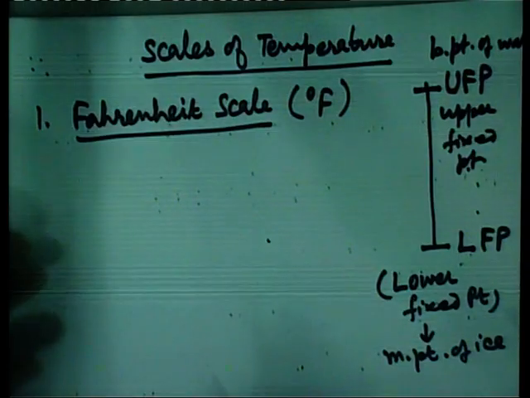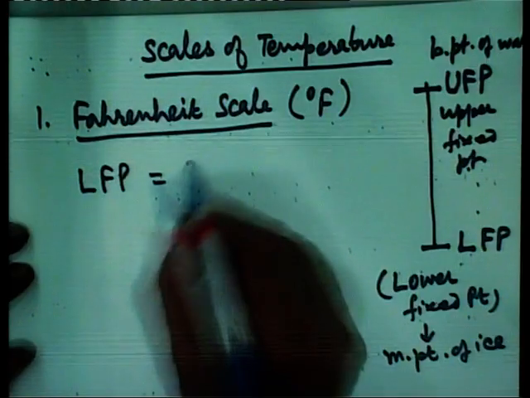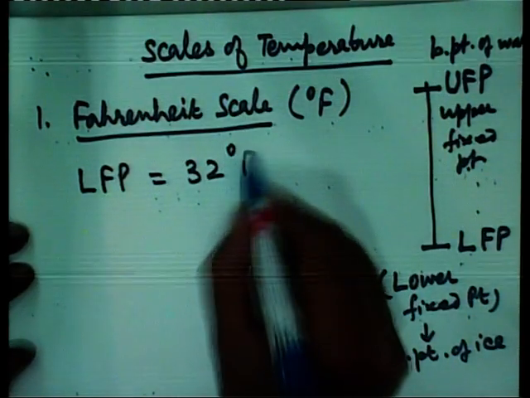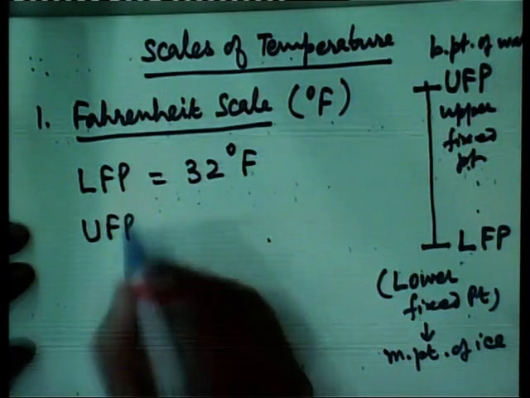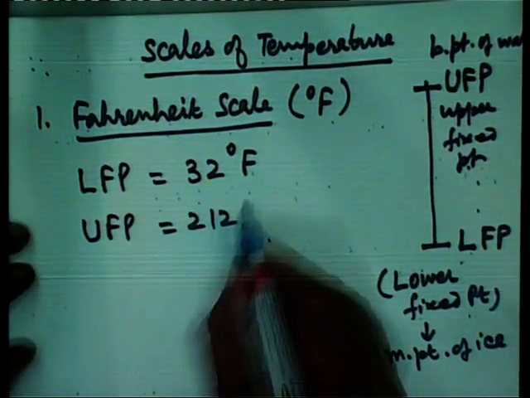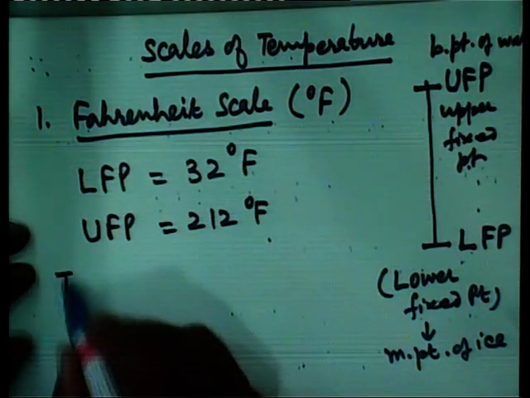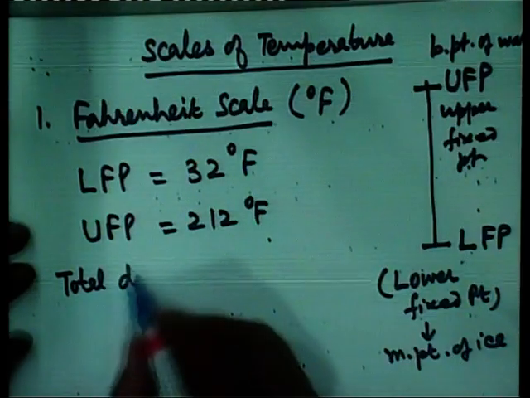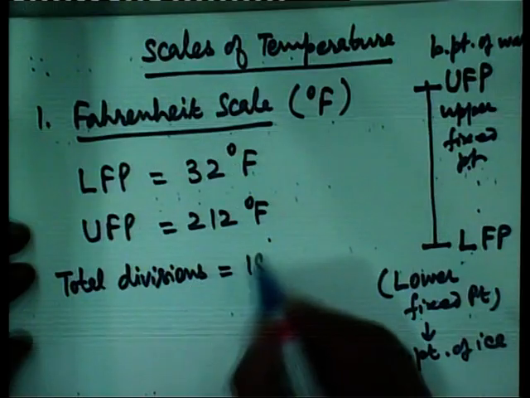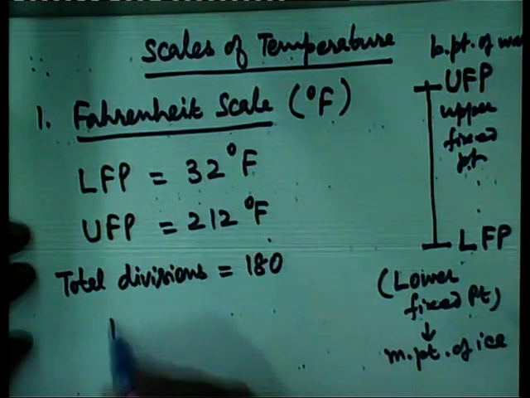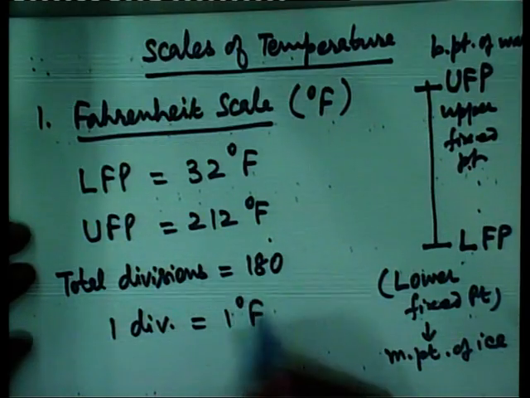In the Fahrenheit scale, the lower fixed point is 32 degree Fahrenheit. The upper fixed point is 212 degree Fahrenheit. Total divisions are 180. One division is equal to 1 degree Fahrenheit.